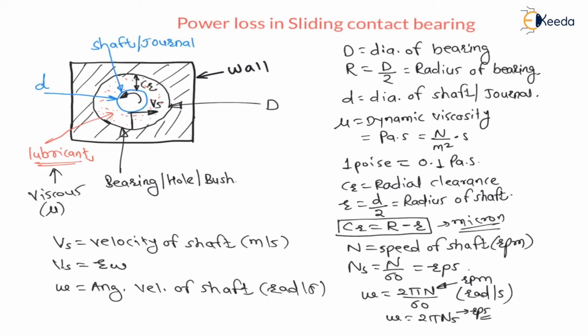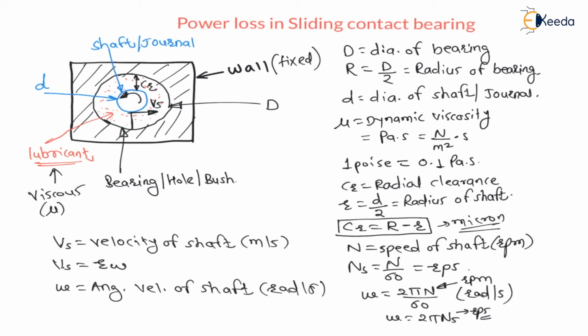And my dear students, this wall, or we can say bearing, is fixed. Therefore the hole drilled in the wall is nothing but part of the wall only. This is the surface of the wall, that is the diameter of the bearing, capital D. This circumference is the surface of the wall. Therefore this surface will be moving with zero velocity as it is fixed.